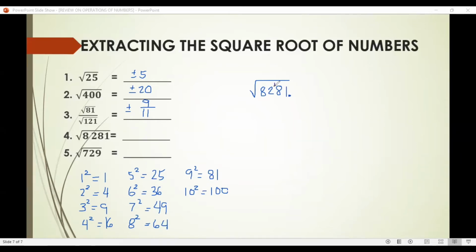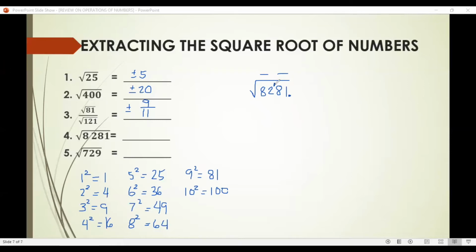So 81 will be one group and 82 will be another group. Now, what's the significance of this? This simply means that we are expecting to have a 2-digit number. So the number of groups will be the number of digits in the answer.